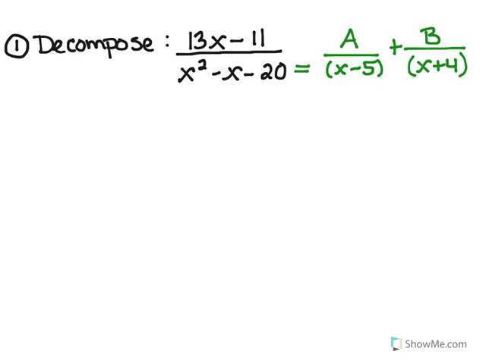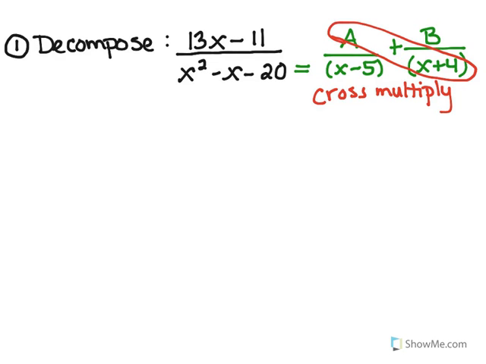And we're going to figure out what a and b are so that when I get a common denominator and add, I end up with 13x minus 11 on top. So we're going to cross multiply to get a common denominator. So I'm going to do a times x plus 4, and I'm going to add on b times x minus 5.